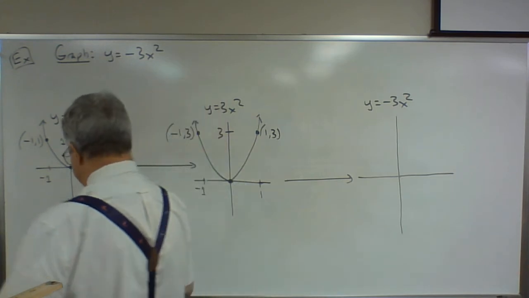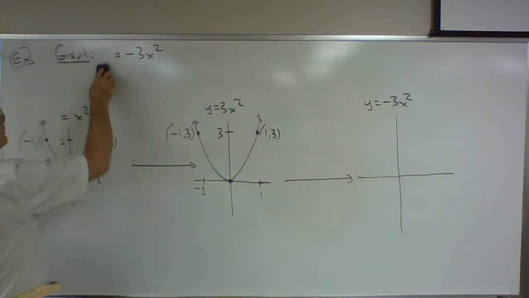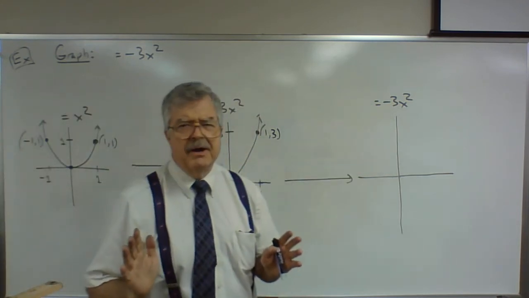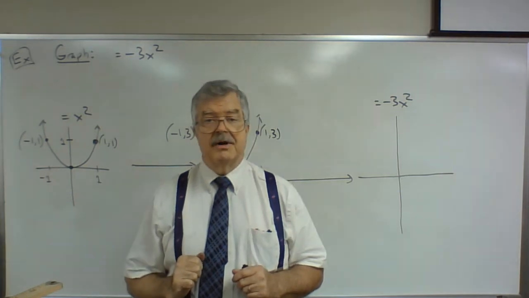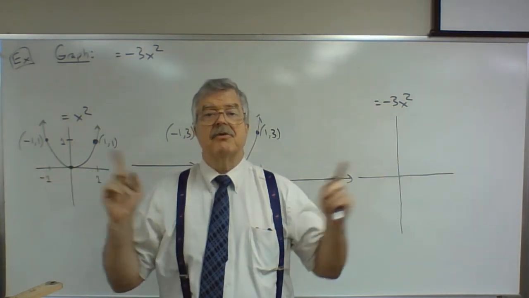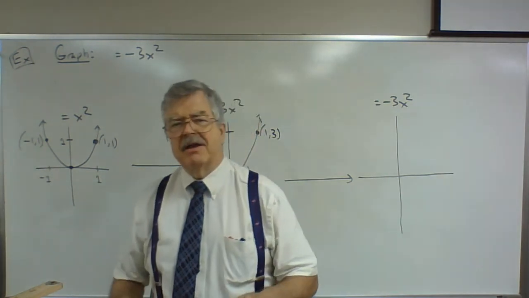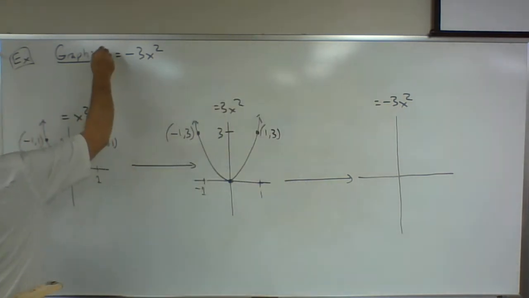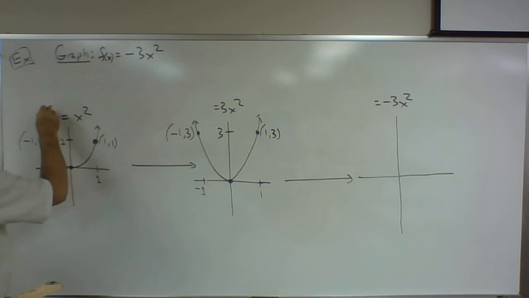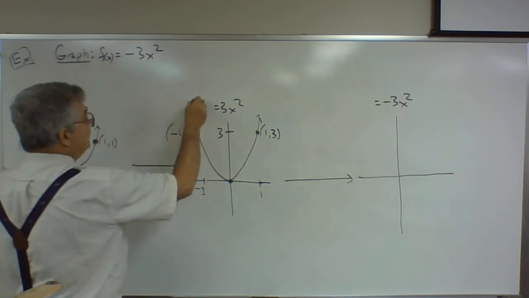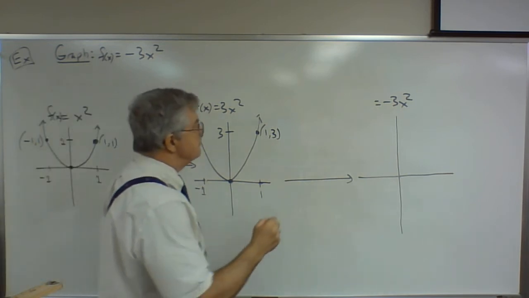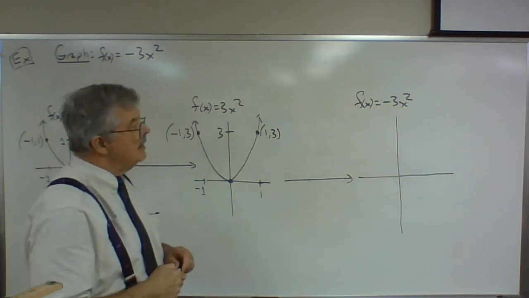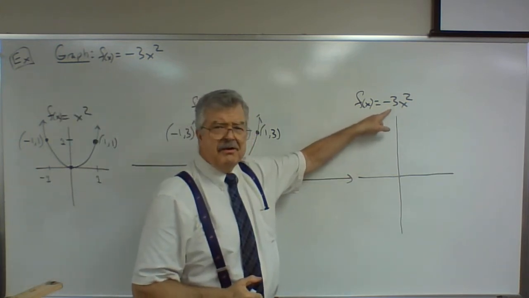And by the way, I guess maybe what we really want to be doing this for is f of x. We haven't done anything wrong here because as far as we're concerned, y and f of x are one and the same thing. But I think in our book they're going to be using f of x a lot more than y. So let me replace y with f of x. Now, how do I get the graph of this function?